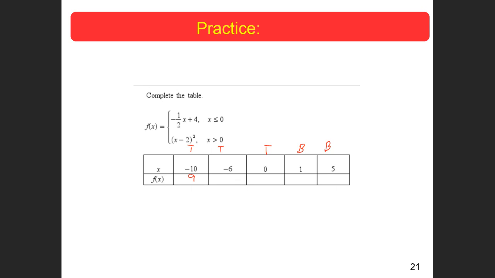If I put negative 6 in here, negative 1/2 times negative 6 is 3. 3 plus 4 is 7. If I put 0 in here, that's just 4. Then if I put 1 into the bottom one, 1 minus 2 is negative 1. Negative 1 squared is 1. If I put 5 in the bottom, 5 minus 2 is 3. 3 squared is 9. So that should be my table for that one.